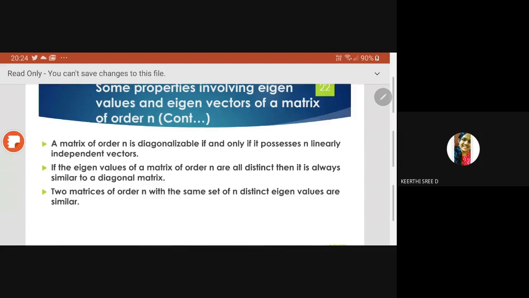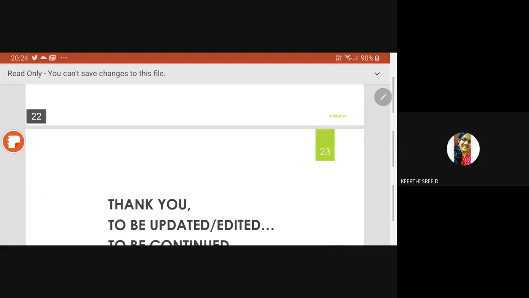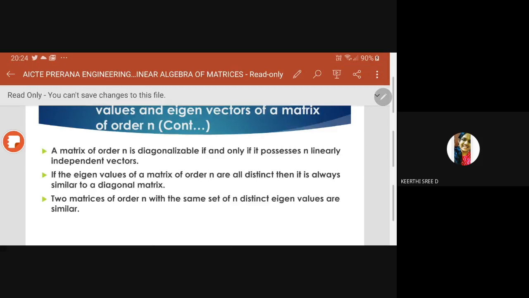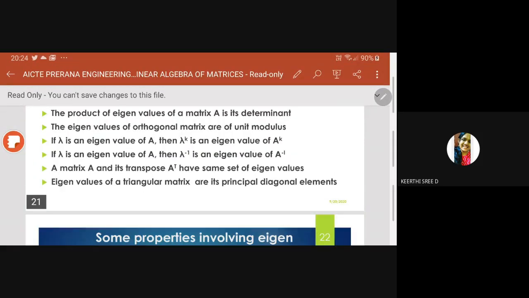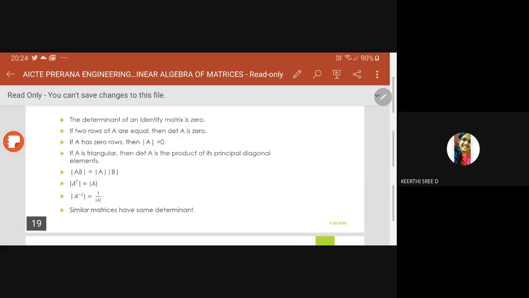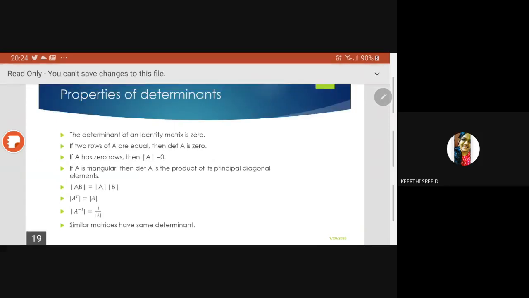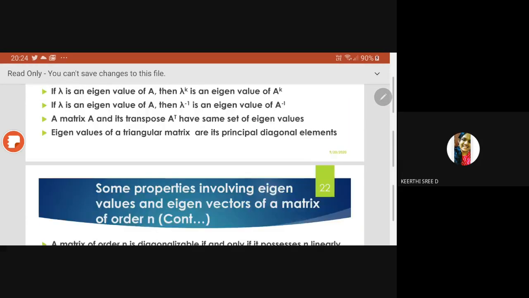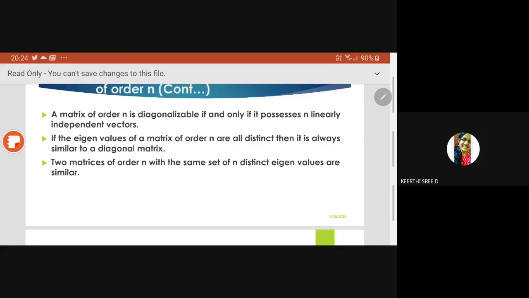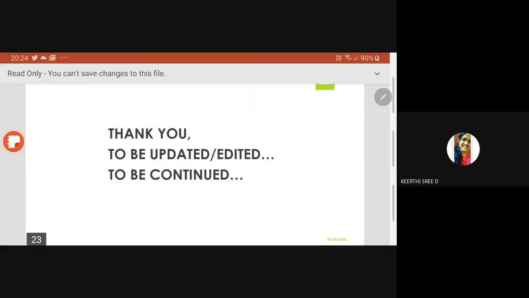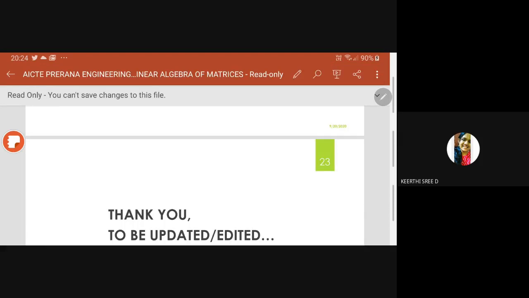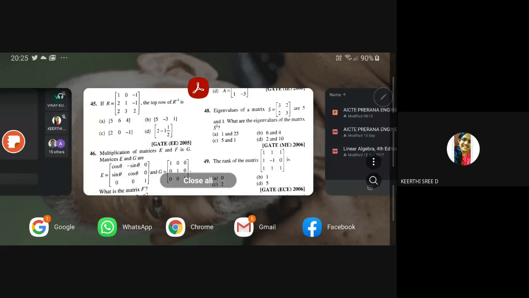There is one more. I think there are four slides. Something is missing here. I added one more slide about diagonalization, and that diagonalization slide is missing here. Okay, so we have altogether 25 slides. In that, we talked about diagonalization. So here, this is all about diagonalization.